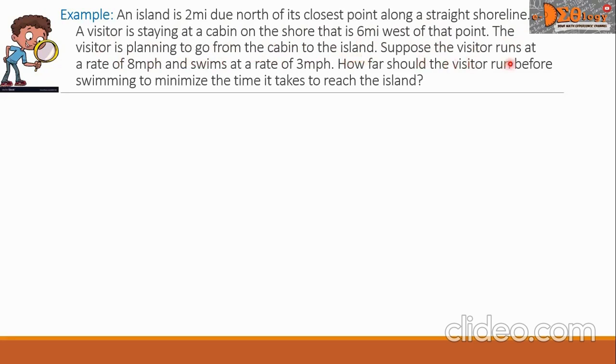Suppose the visitor runs at a rate of 8 miles per hour and swims at a rate of 3 miles per hour. How far should the visitor run before swimming to minimize the time it takes to reach the island?